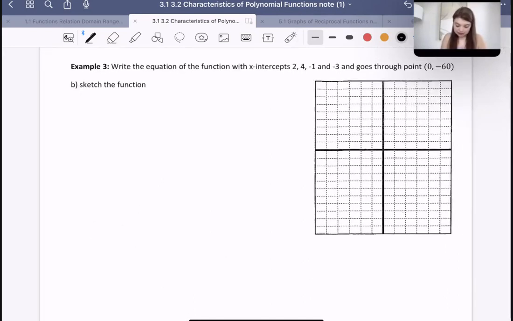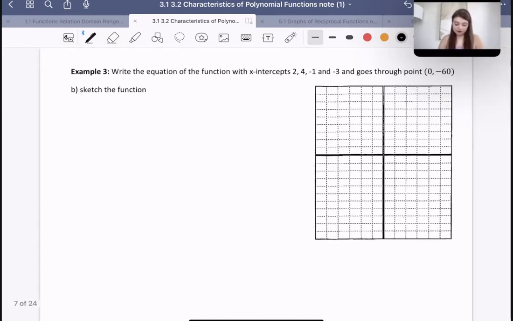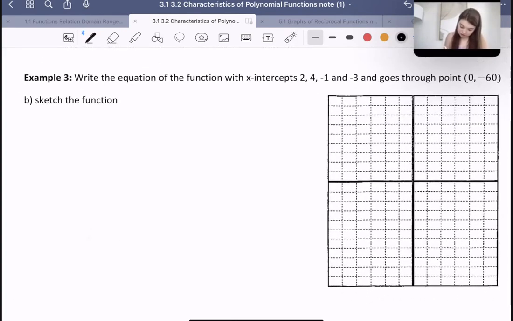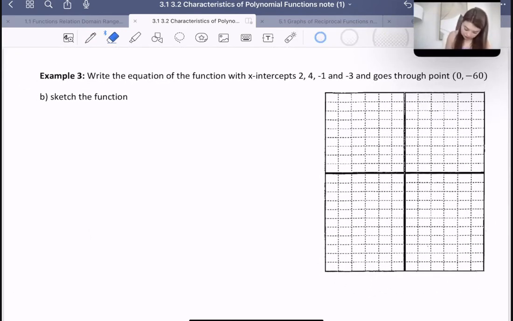Now it says, write the equation of the function with x-intercepts 2, 4, -1, -3 that goes through the point (0, -60). Okay, so let's do that. What do we know about the equation of this function?